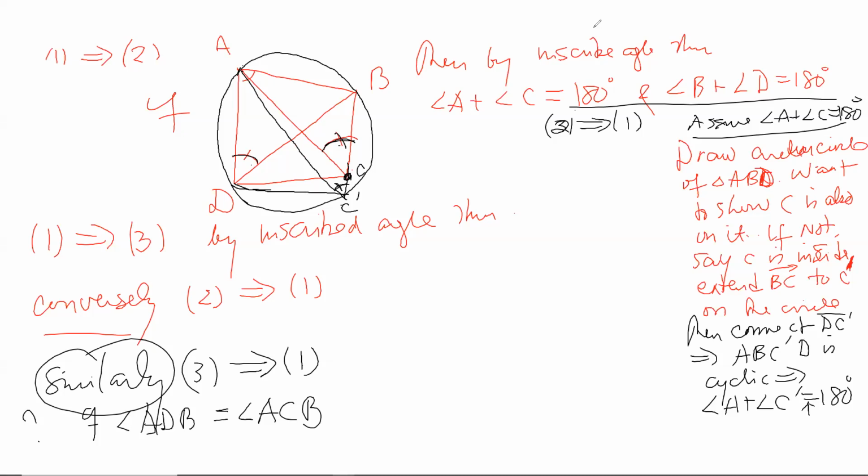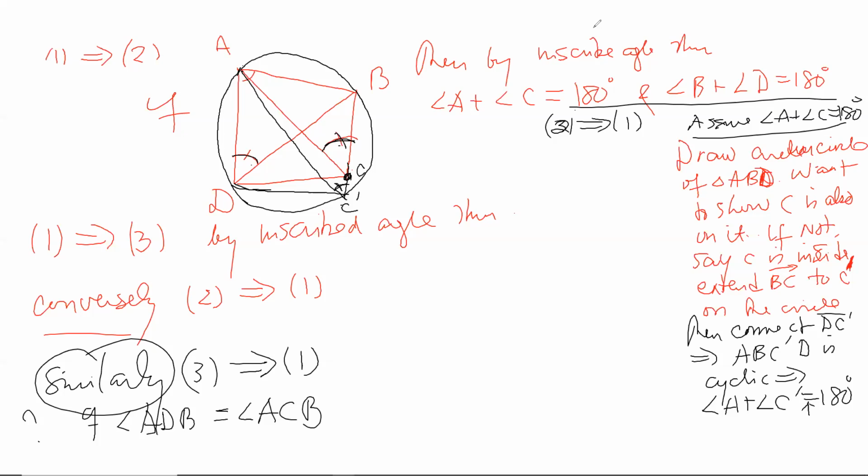Okay, all right, so I proved 1 implies 2, 1 implies 3, just based on the inscribed angle theorem. But I also proved 2 implies 1 by using the method of uniqueness. Suppose not, I can construct a circle containing 3 points. Then we want to prove that the last point must coincide with a point on the same circle.